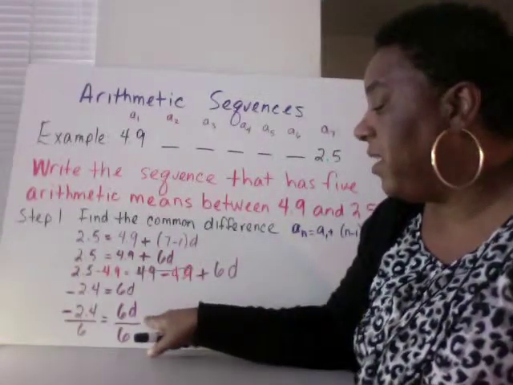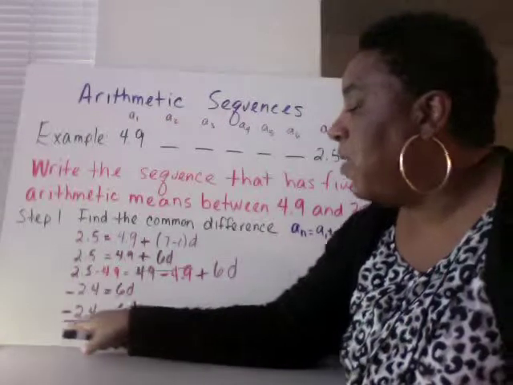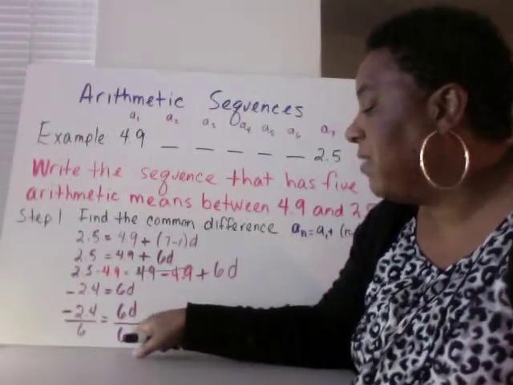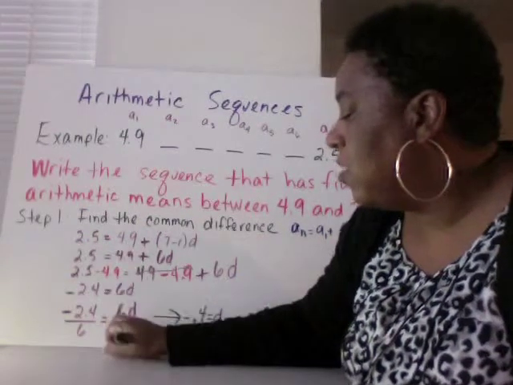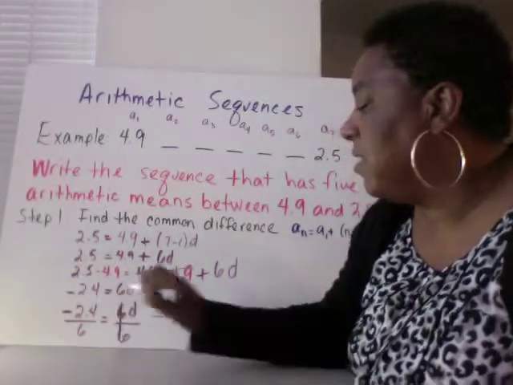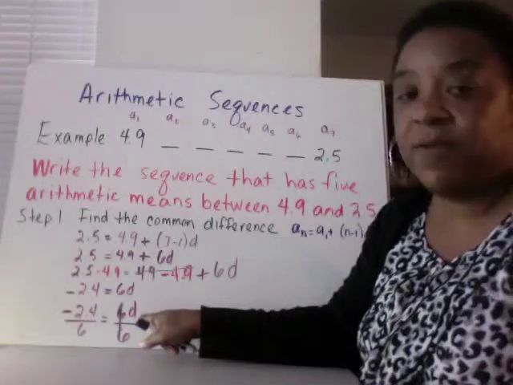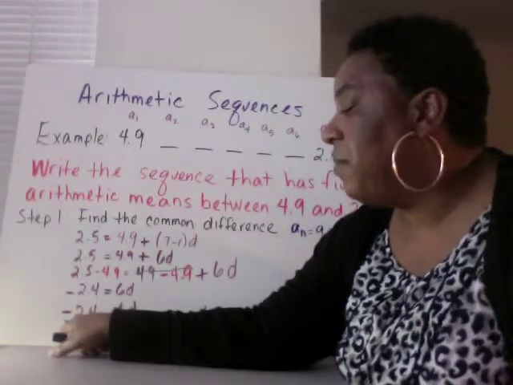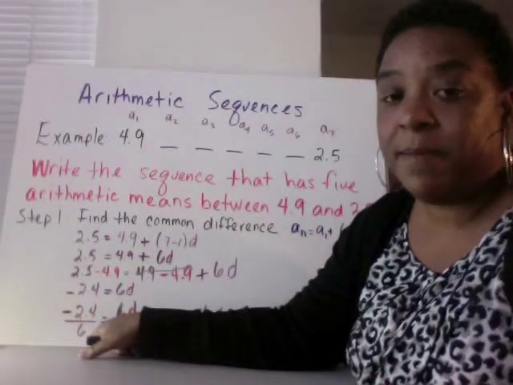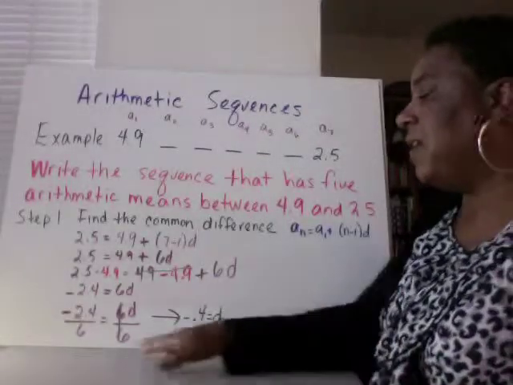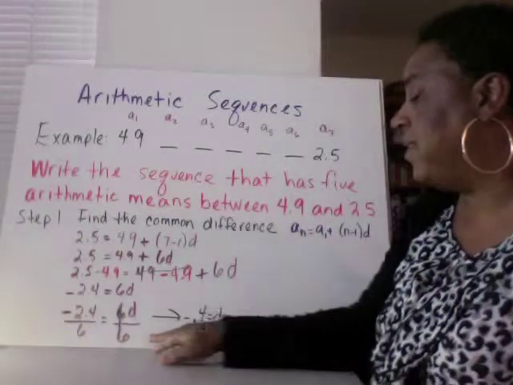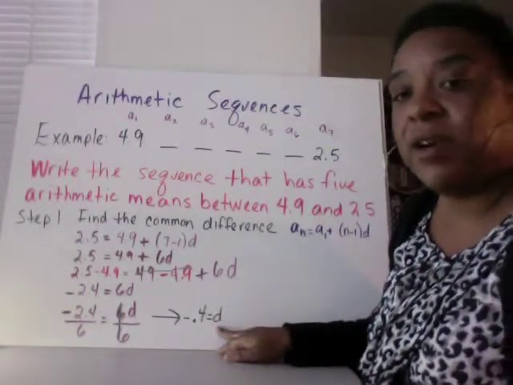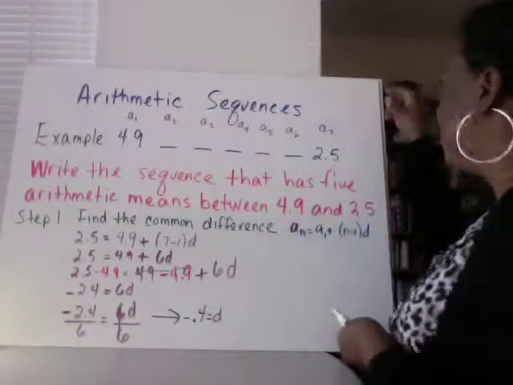So on this line here, we've divided both sides of the equation by 6. 6d divided by 6 will cause that 6 to be canceled out, and we're left with d on the right side. And then on the left side, we have minus 2.4 divided by 6. Negative 2.4 divided by 6 is equal to negative 0.4, which is equal to d, that we call our common difference.